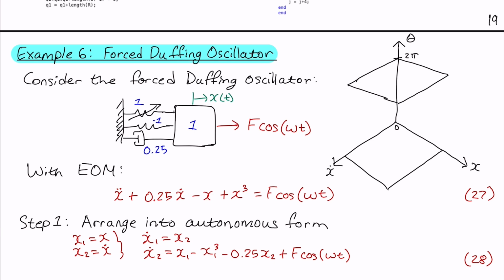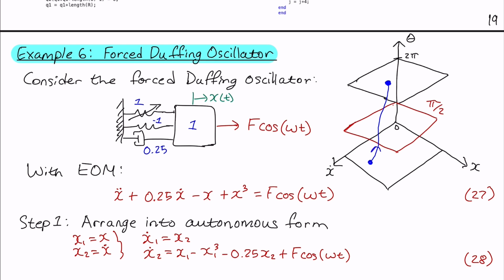All right, so we got some plane here at 2 pi, and what we want to do is construct another plane, say at pi over 2, and then our flow will start at some initial condition here. It will come up, reach another point here.